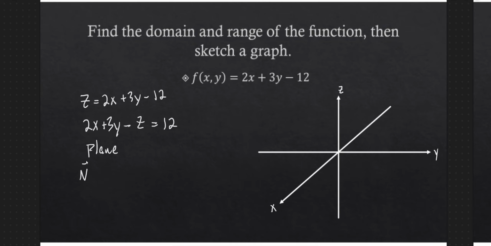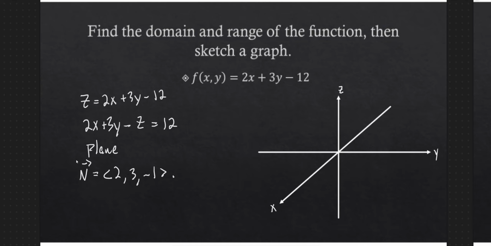My normal vector for my plane, right, that tells me the direction of the plane, is 2, 3, negative 1. Now that doesn't actually help me to graph this so much. What I really need to graph this, or what can help me with a plane to graph this, is to understand the intercepts. So the x-intercept, the y-intercept, and the z-intercept.